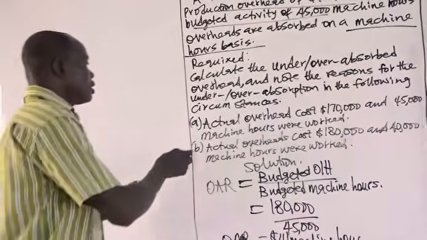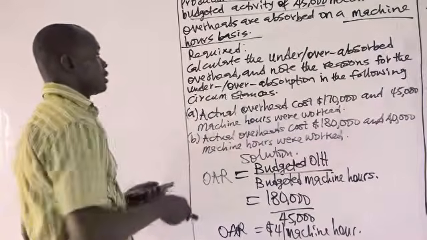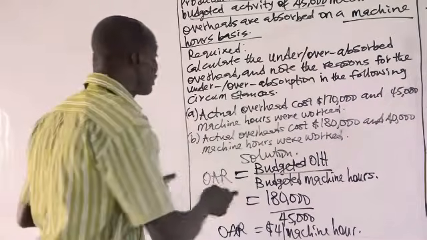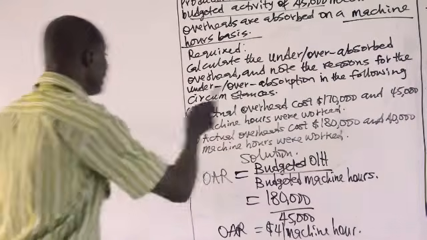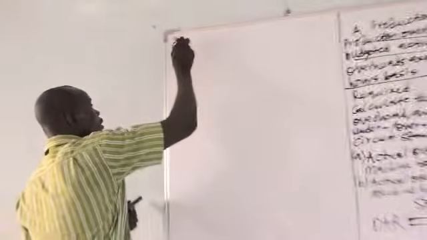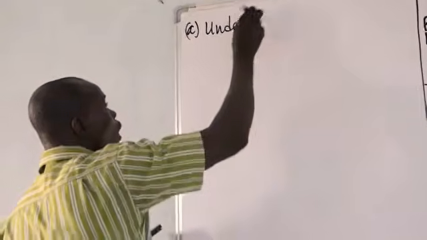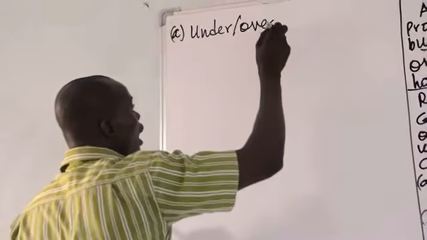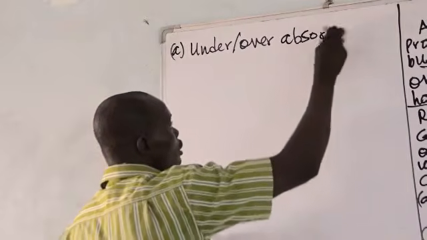Now, calculate the under or over absorbed overheads and note the reasons for the under or over absorption in the following circumstances. A. You want to calculate the under or over absorbed overheads.